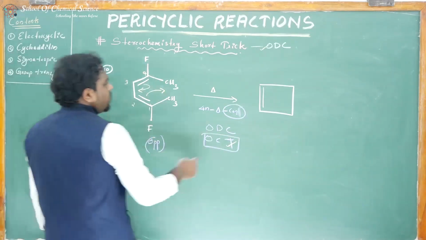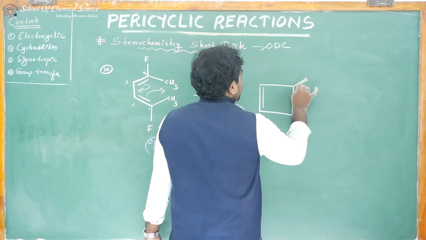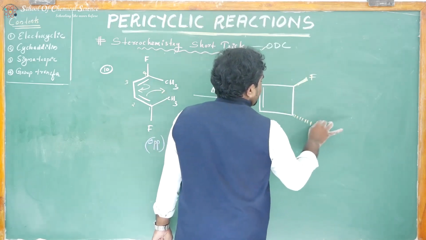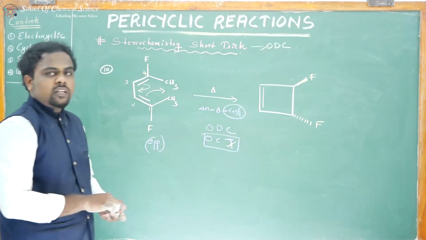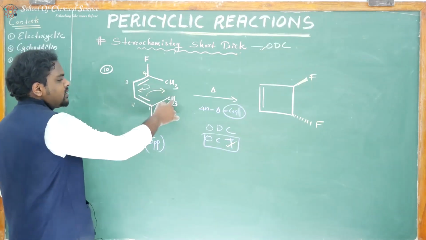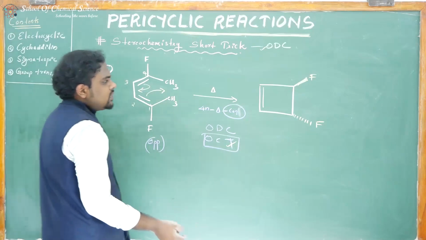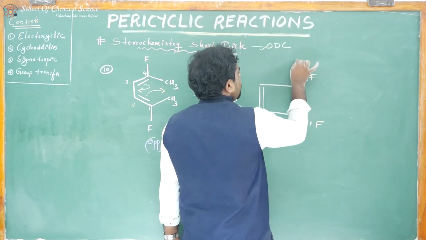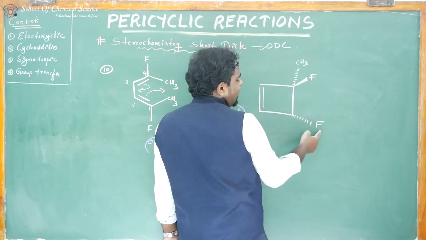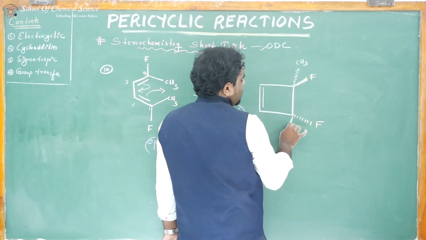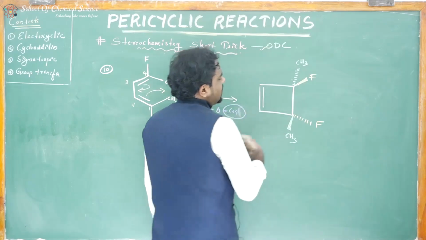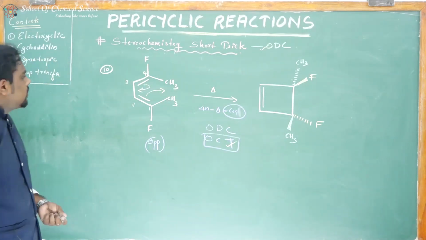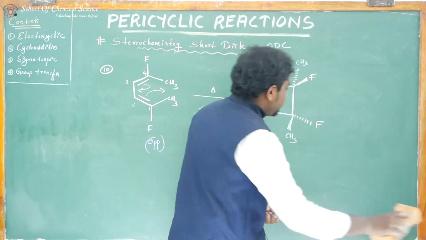That means these two fluorines are trans to each other: first fluorine above the plane, second fluorine below the plane. What is the stereochemistry of the CH3? If fluorine is above, then CH3 is below. Here fluorine is below, then CH3 is above. That is the stereochemistry of the product. Then the 11th question.